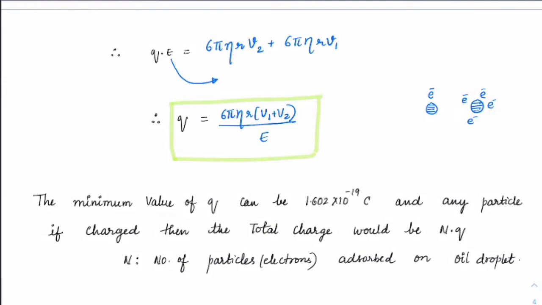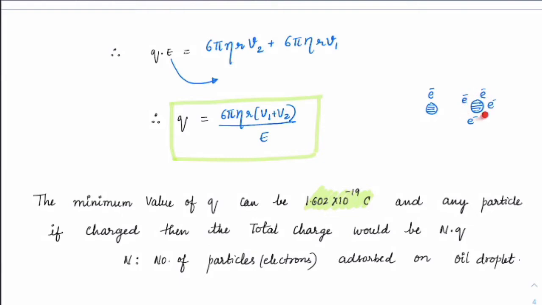But one thing he observed is that every time he did the experiment with different values of E, he was able to calculate a common factor. This is the common factor which he found: 1.602 into 10 raised to the power minus 19 coulombs was the minimum value. The rest were multiples of this.